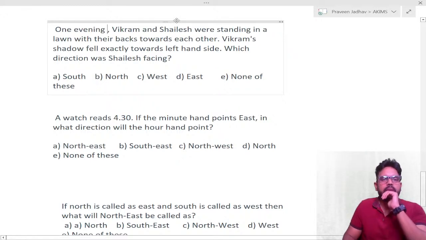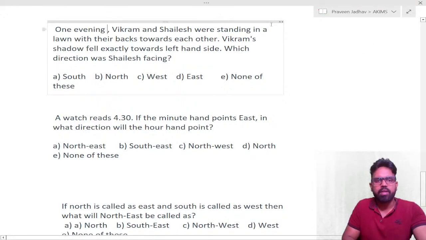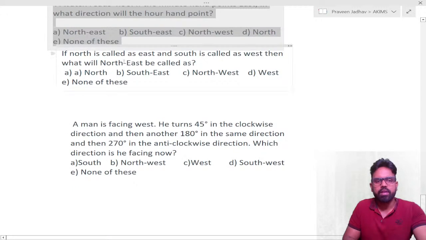One evening, Vikram and Shailesh were standing in a lawn with their backs towards each other. Vikram's shadow fell exactly to the left hand side. Which direction was Shailesh facing? Can anyone tell me which direction was Shailesh facing?